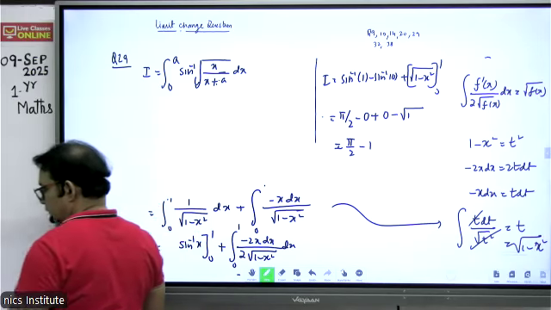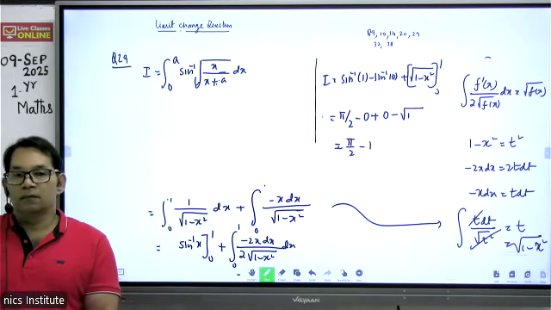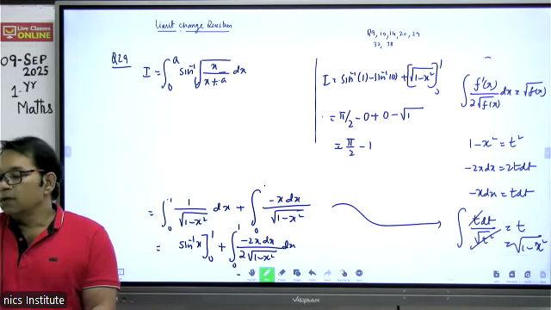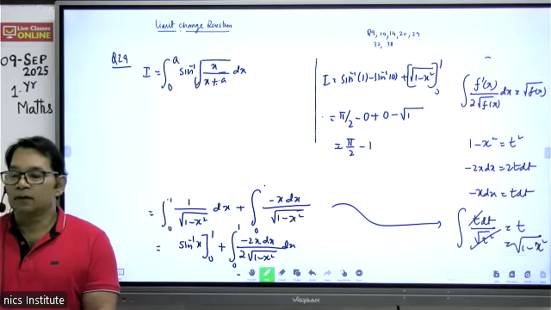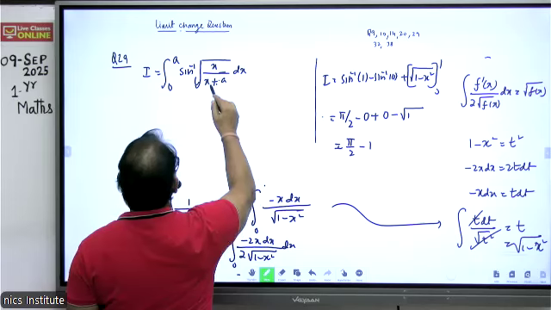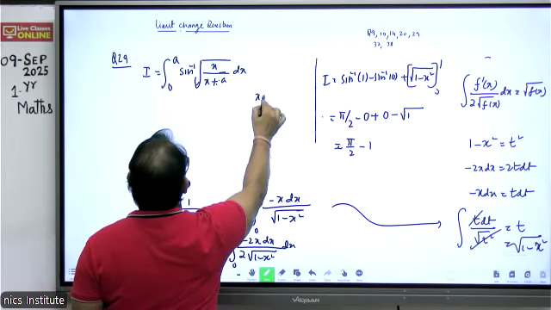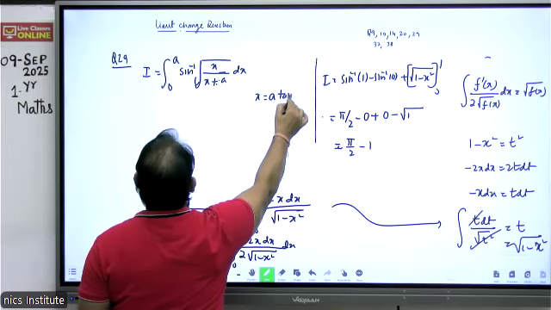What to do? Plus a minus a will not help because it's inside sine inverse. Substitute something so that it comes out of the root. x is equal to a tan square theta.